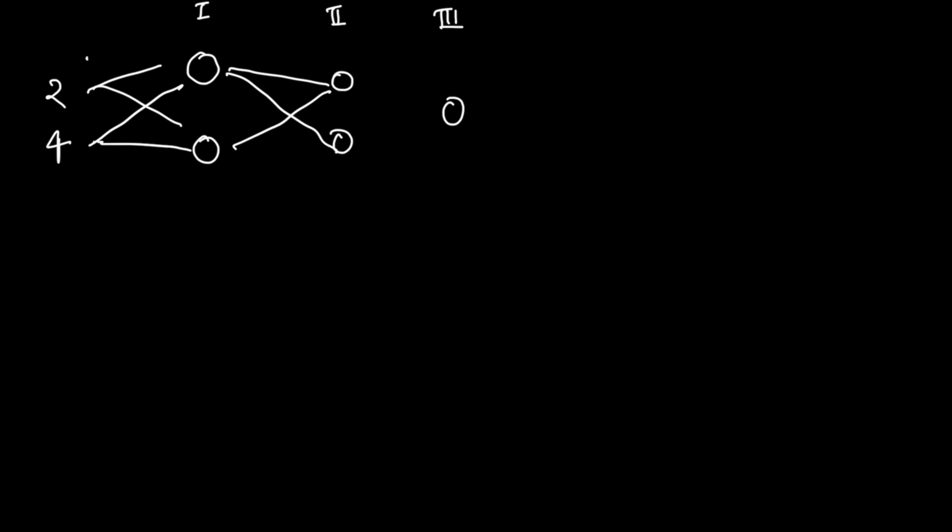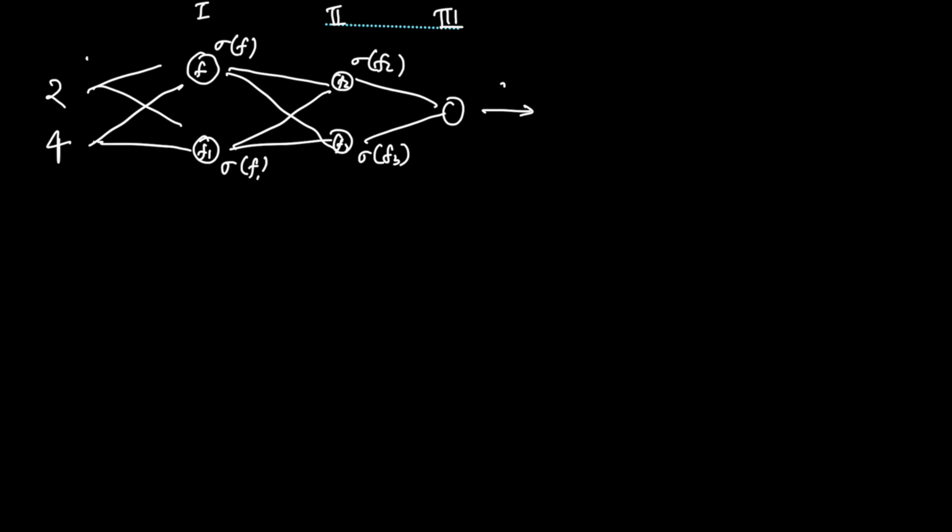And then this goes here, this goes here, something like this. So this also computes. If this is f, then the output here would be sigma of f. Again, this would be sigma of f1 because the function would be different. Then f2, sigma of f2, this would be f3, then sigma of f3, and if this is f4, then sigma of f4.